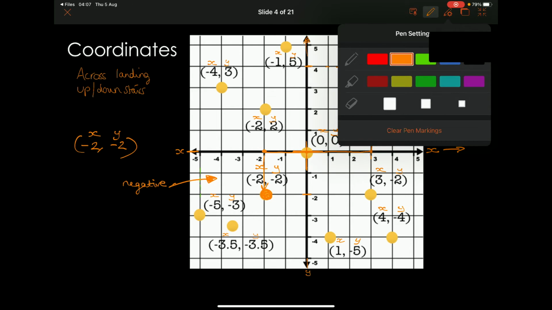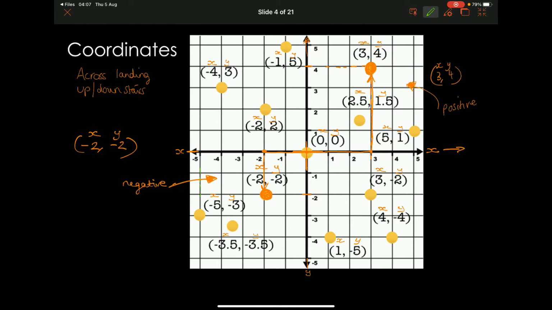Right, let's label a couple more. Why don't we label this one just here? Again, across the landing, so we start at 0, 0, across to -2, and up. Across to -2 means our x-coordinate is -2, and up the stairs, y is sitting all the way up there at 2. So x is -2, y is 2.